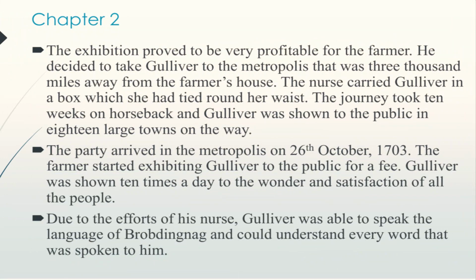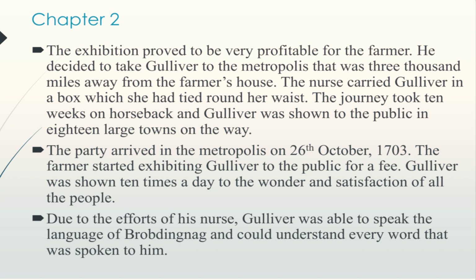He decided to take Gulliver to the metropolis that was 3,000 miles away from the farmer's house. The nurse carried Gulliver in a box which she had tied round her waist. The journey took 10 weeks on horseback, and Gulliver was shown to the public in 18 large towns on the way.